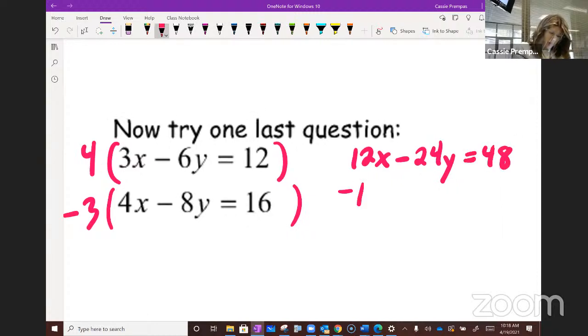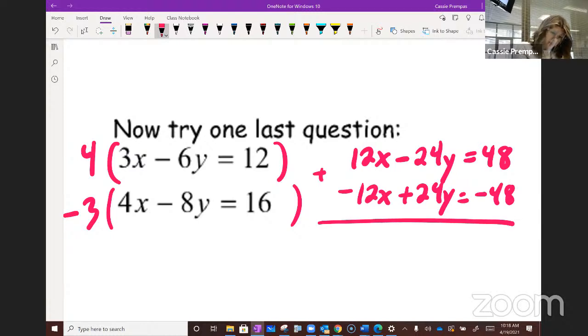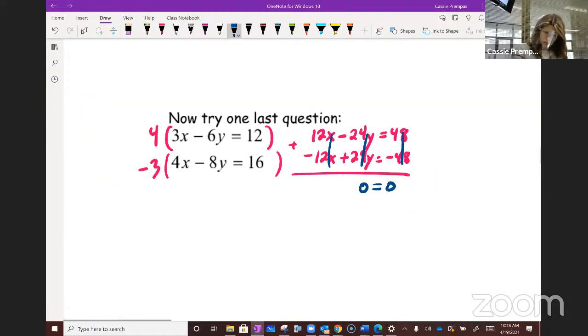And the bottom one, I'd have -12x plus 24y equals -48. And then I add straight down, and I get 0 equals 0, which is true. So it's not no solution, but I need to answer it as an ordered pair. So I'm going to have x, comma, how should we figure out our y?